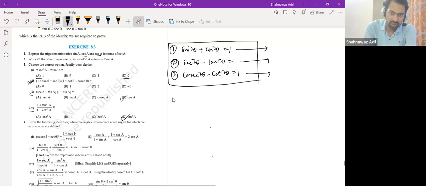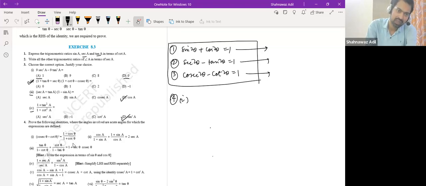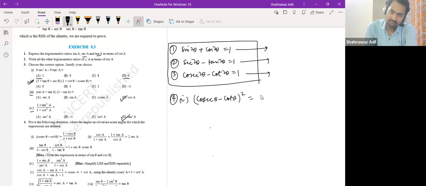Yeah, so there's one. You are late, because this was supposed to be a Mars question, but you are late, so this question is for you. Okay, sir. So we have cosec theta minus cot theta whole square, and this is equal to 1 minus cos theta by 1 plus cos theta.